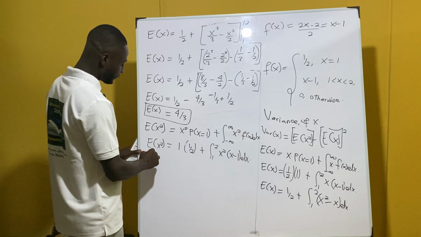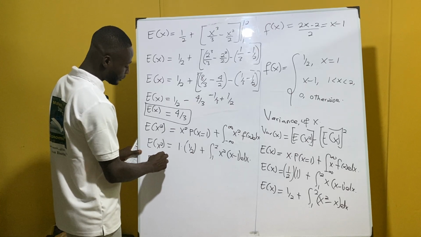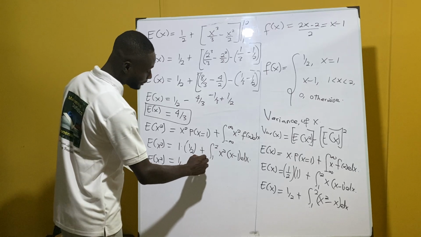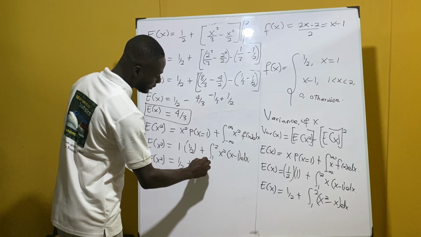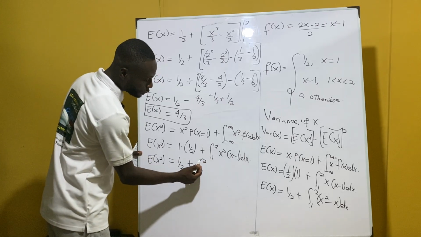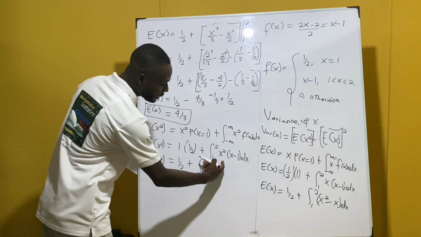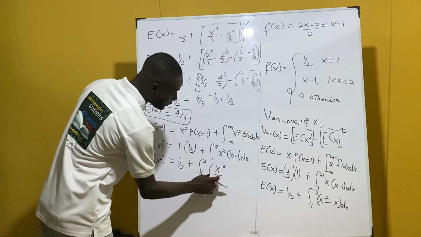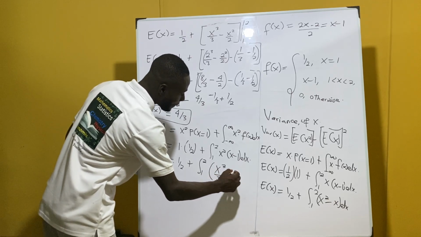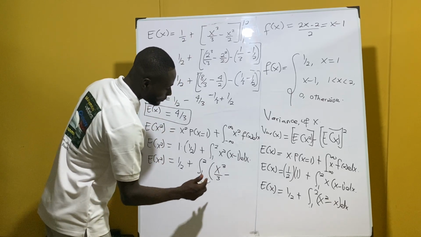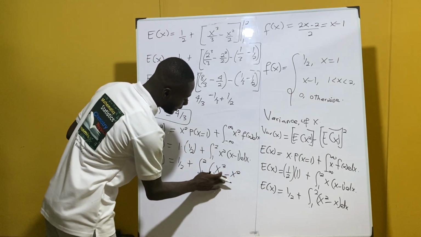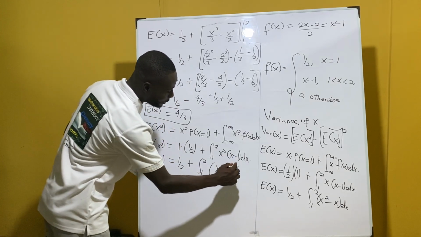So the expectation of x squared is equal to half plus the integral from 1 to 2. Then we expand this, we are going to have x cubed over 3 minus x squared, right?